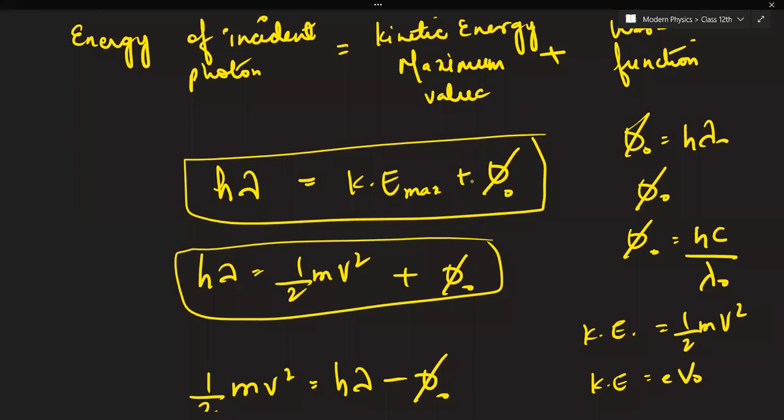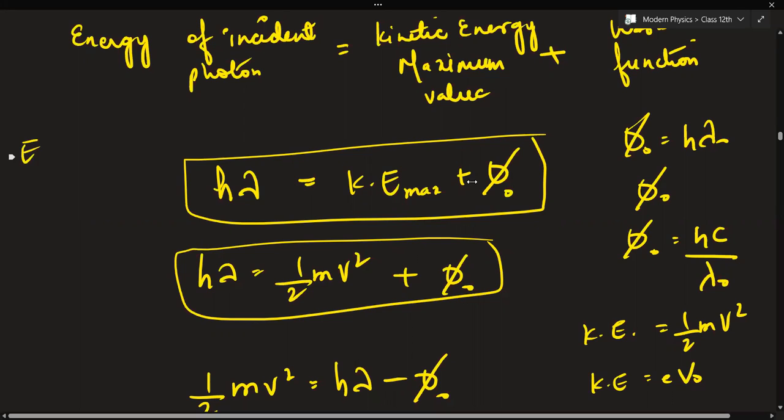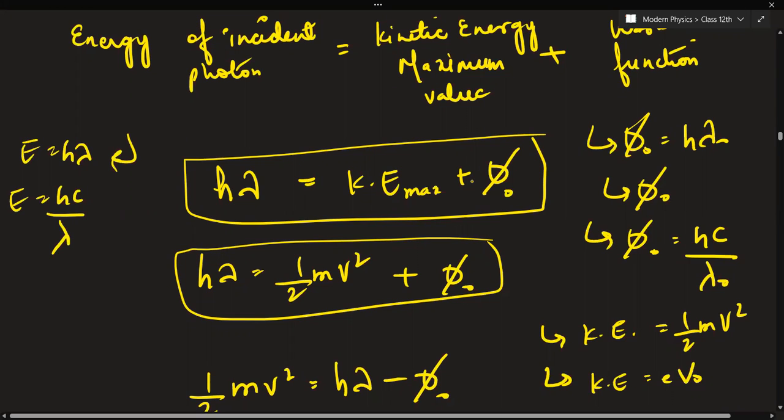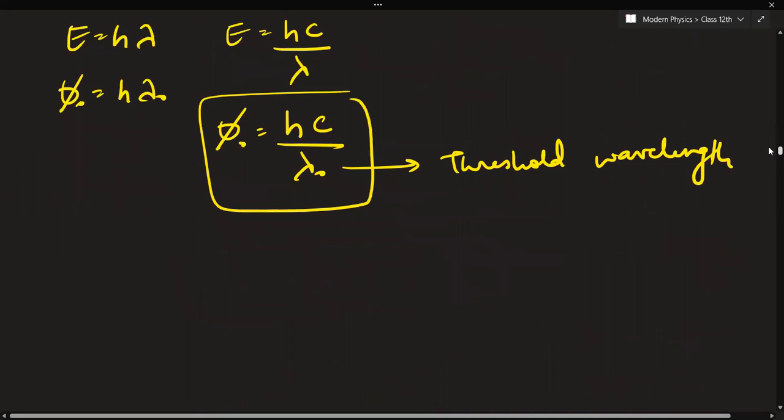So substitute any combination. You know E is equal to h nu, you also know it is equal to h c by lambda. You just have to remember all these steps. Now any combination you can make by yourself. Whatever is demanded by the question, write accordingly.